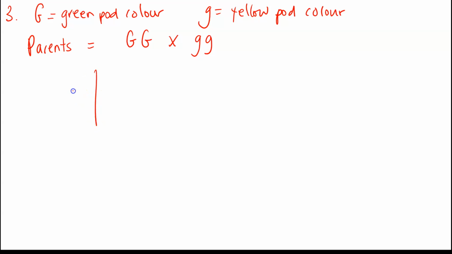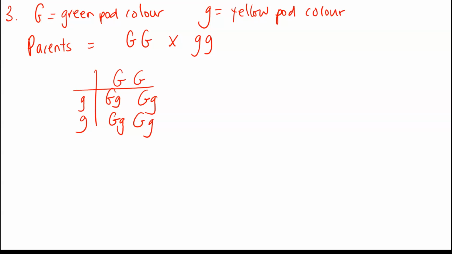We do the Punnett square, big G against little g, and we go through and figure out the probability of all the offspring. And so we're predicting the offspring.